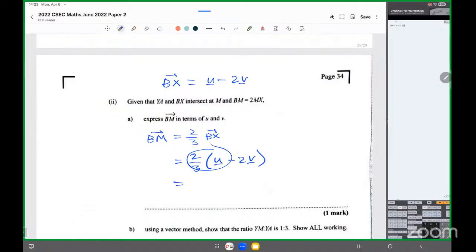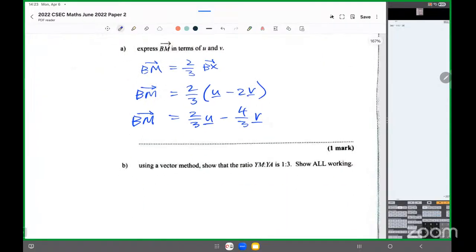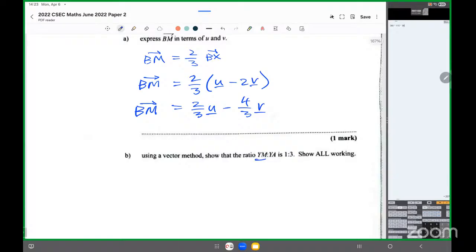So BM is 2/3 of U minus 2V. 2/3 of the first part gives 2/3 U. For the second part, multiply the 2 times the 2, you get 4, so minus 4/3 V. That's what BM is. That's the answer.